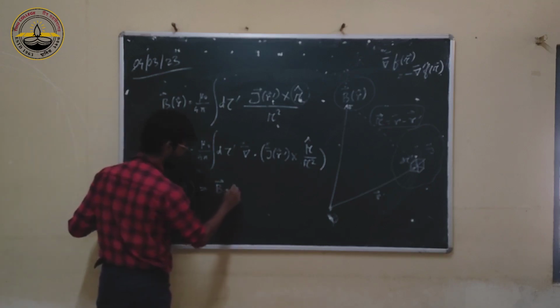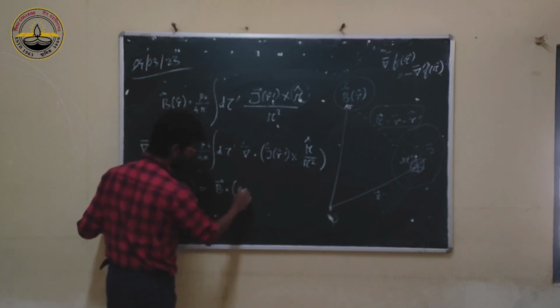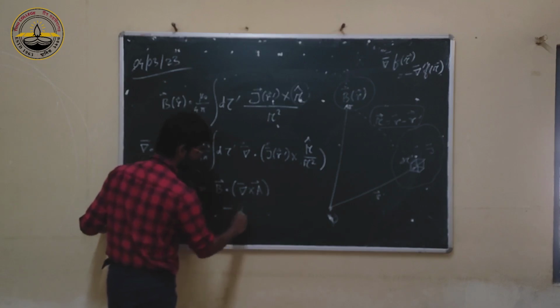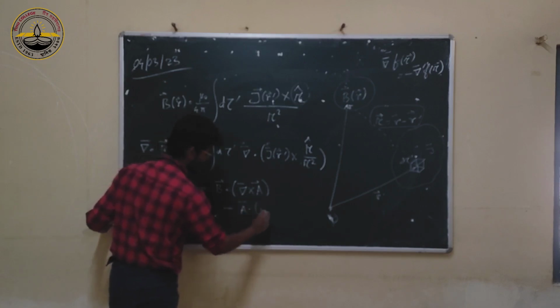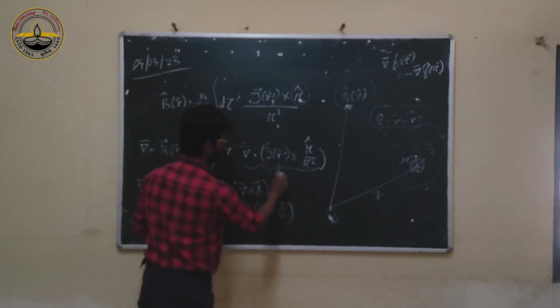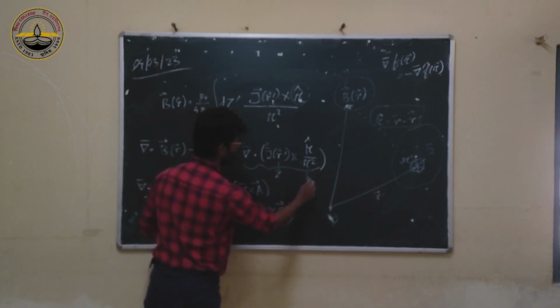B dot del cross A minus A dot del cross B. Anyway, so here your A is this thing and B is this.